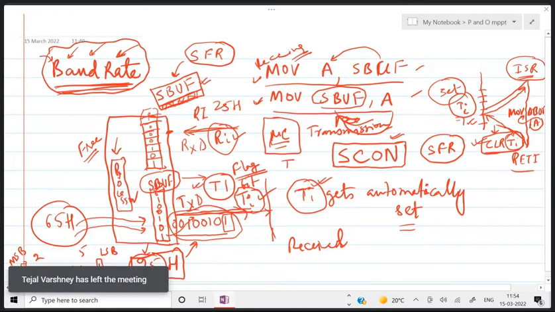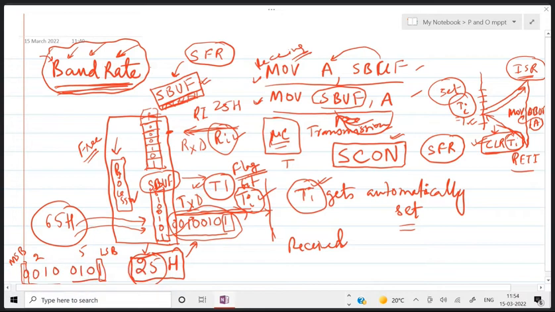In the same way, when data is being received, when the 8051 is acting as a receiver, SBUF is storing the bits in its register one by one. Once all the 8 bits of data have been stored in SBUF, it informs the processor by making RI bit equal to 1.